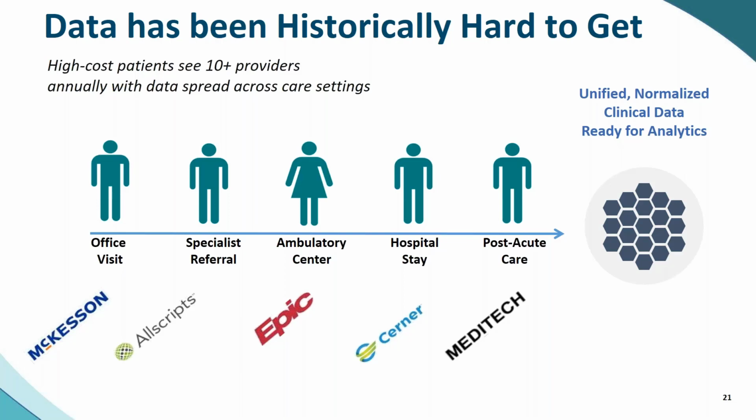Generally, those patients with multiple conditions and those that are highest risk see multiple care providers, sometimes more than 10. Those providers are generally spread across different organizations, and that means they're spread across different EHR systems, whether it's McKesson, Allscripts, Cerner, whatever.